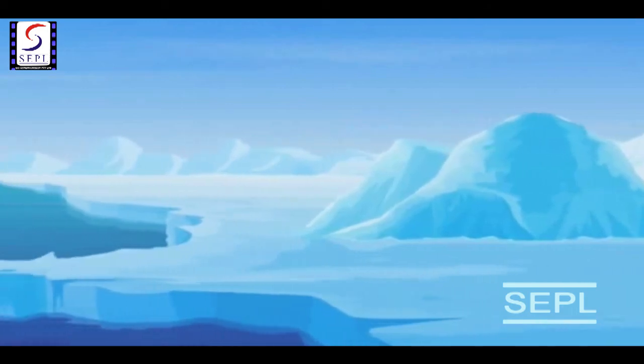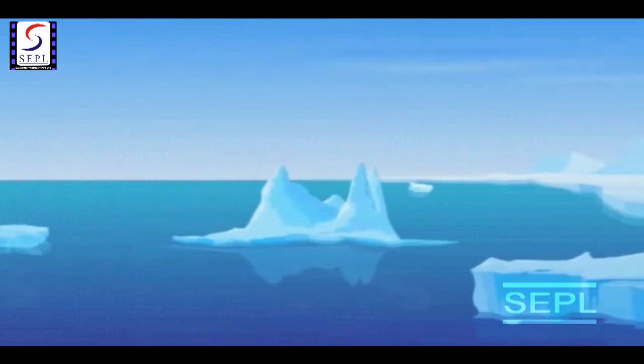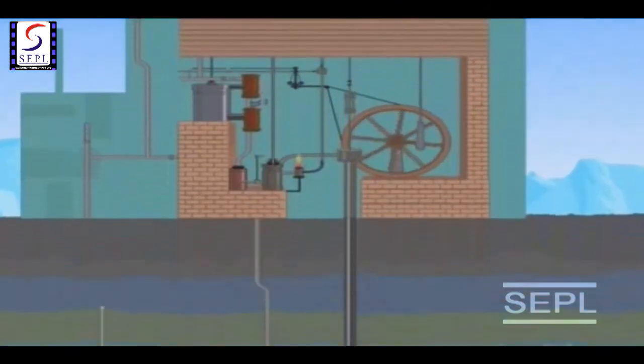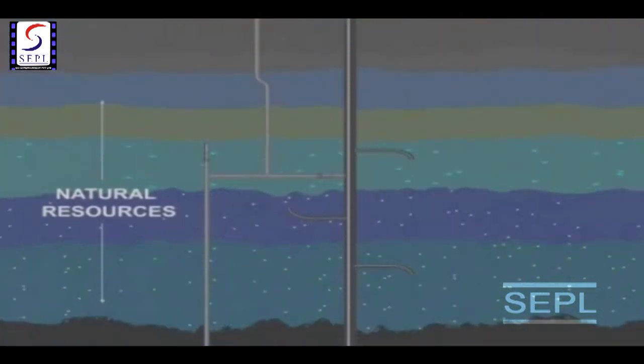The poles have remained untouched by humans for long. But as the natural resources have started to diminish because of heavy demand, the temptation to explore the richness of the Arctic and Antarctic has increased.